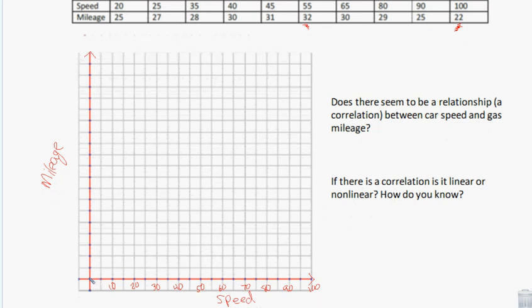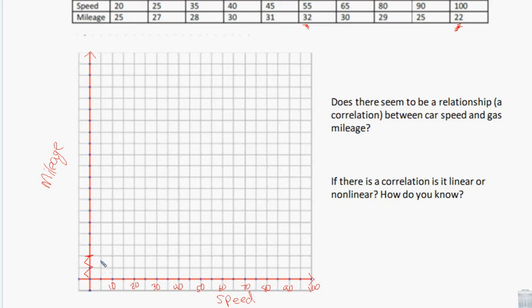So starting at the origin here, I'm going to put a little zigzag. I went up to my second mark. So this break in the line shows that I'm skipping a bunch of points or a bunch of numbers.